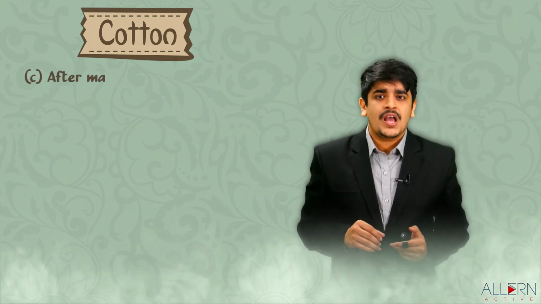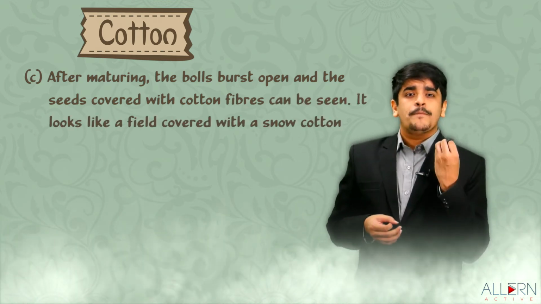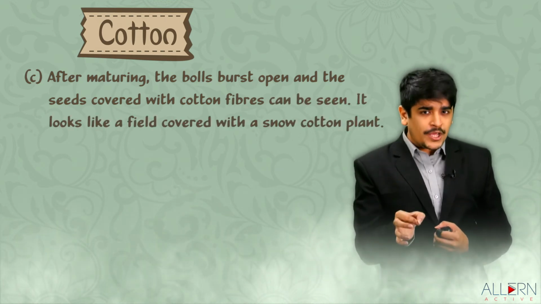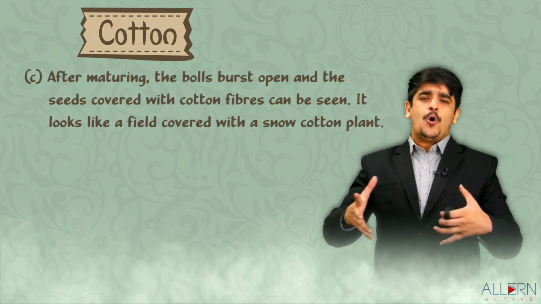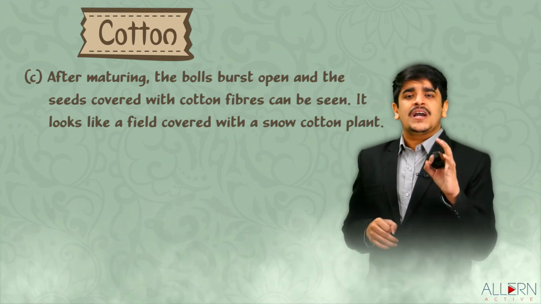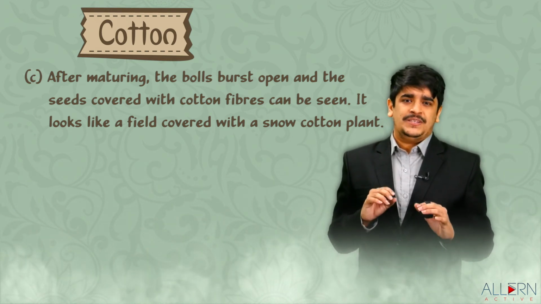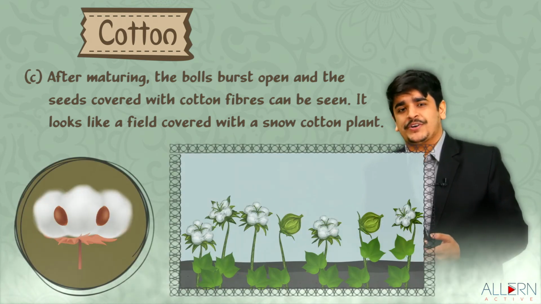Next, what do we have? After maturing, that is after the entire aging process is complete, the bolls of the cotton, mind you the spelling of the word boll, B-O-L-L-S, they are going to burst open because they have ruptured, because they have matured, and the seeds covered with the cotton fibers can be seen. It looks like a field which is covered with snow.